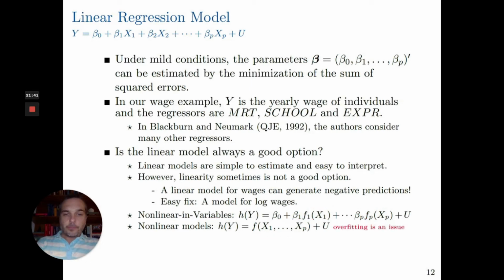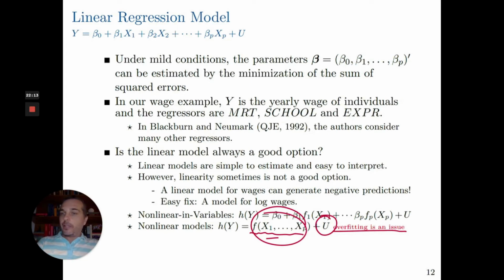The problem, something that we are going to deal with along the course, is overfitting. If you do not estimate this function very carefully, what you end up fitting is the random term and not the dependence on the x's. So what we want to learn is the function f. You don't want to learn the noise.